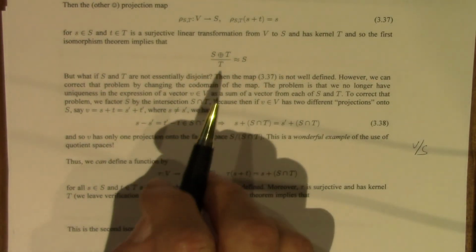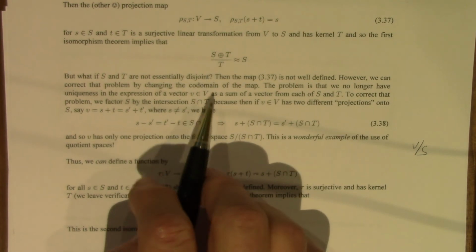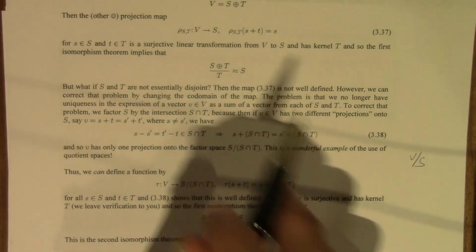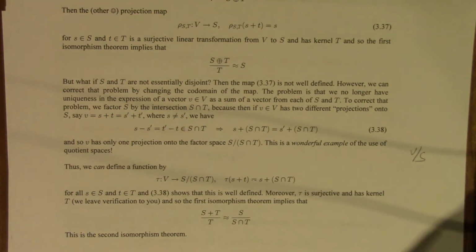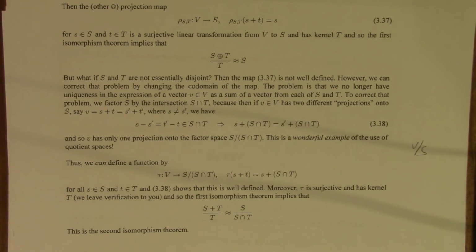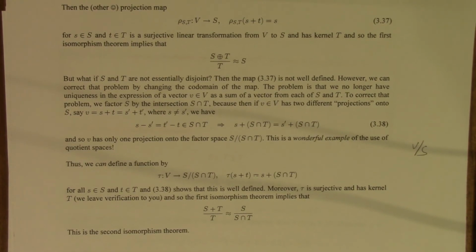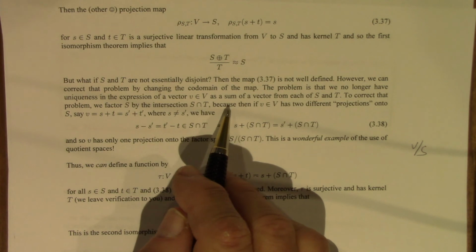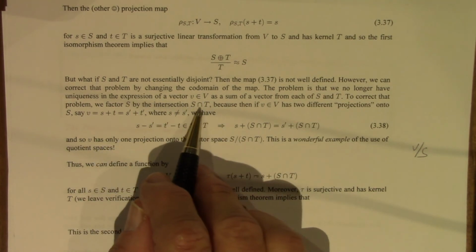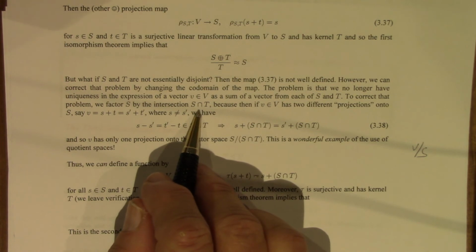But we can correct that problem by changing the codomain. See, we can eliminate the problem of non-uniqueness of S components. We factor S by the intersection, S intersect T.